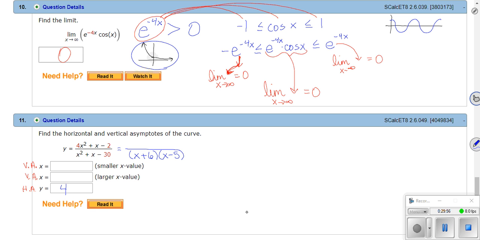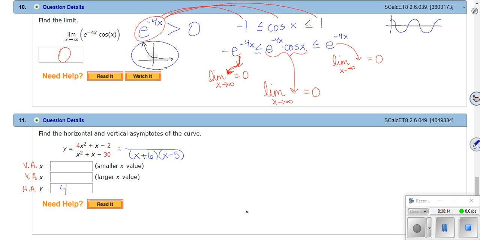The denominator is where I find my vertical asymptotes, if you remember. What values of x would make that rational function blow up, so to speak? What values of x are excluded?